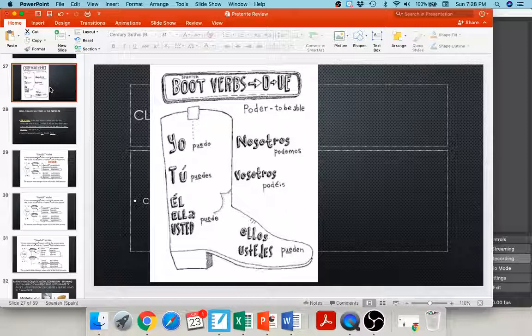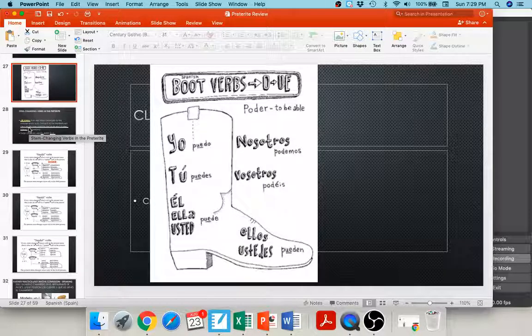For example, the verb poder meant to be able to, and the O of poder changed to a UE, but it only changed when it was inside the boot. It did not change in every single form, only when it was inside the boot, basically in all the forms except for the nosotros and the vosotros. We chopped off our ER, we added our regular endings. Puedo, puedes, puede, podemos, podéis, and pueden. The O only changed to a UE when it was inside the boot.